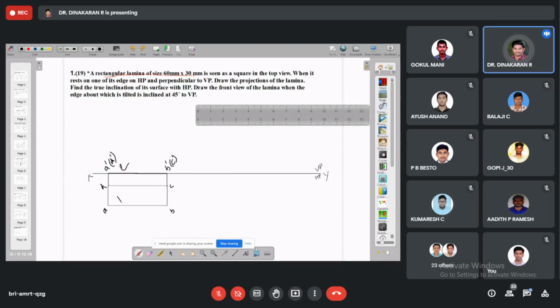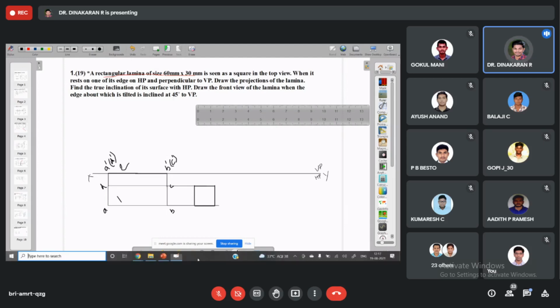So we need to draw a square of 30 mm. First draw a projection line, and in that draw a 30 mm square, because that is the shorter side. Thus it looks like a square, with all sides equal.